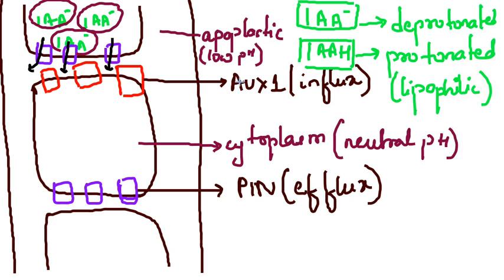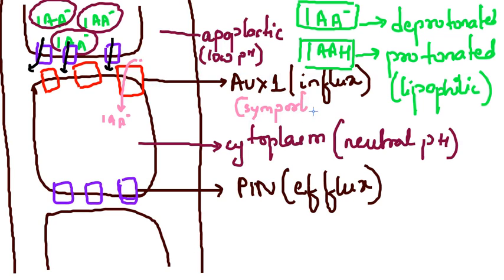They will enter into the next cell. Now, the protein responsible for entry is AUX1. So these IAA minus will take entry into the cell since, as was said, AUX1 is a symporter.